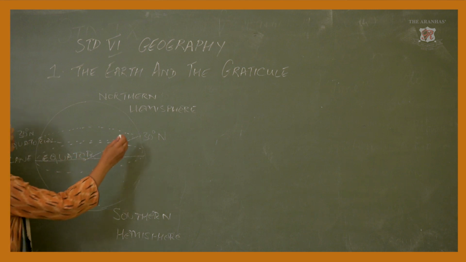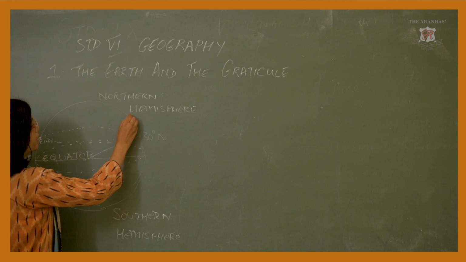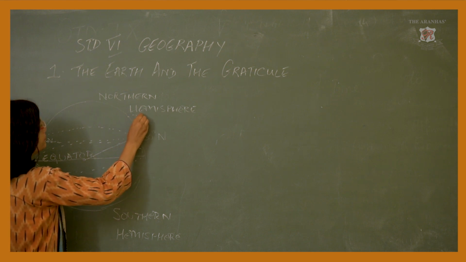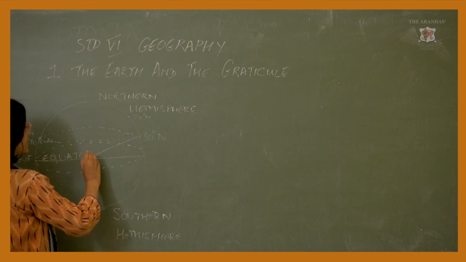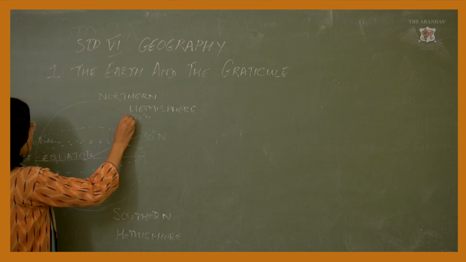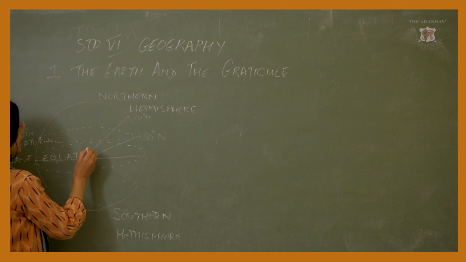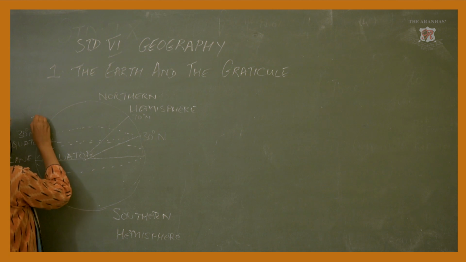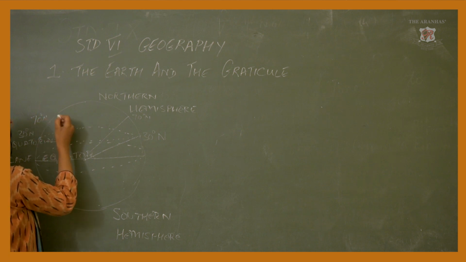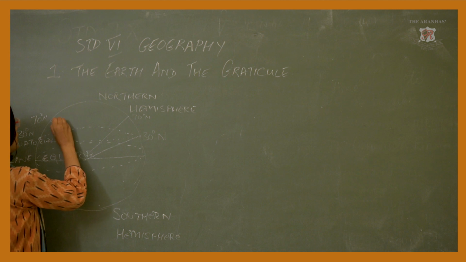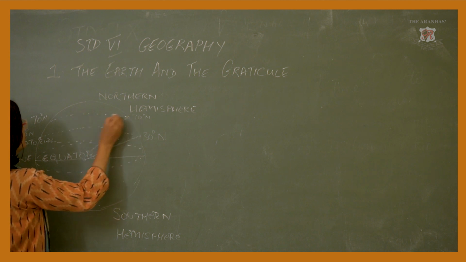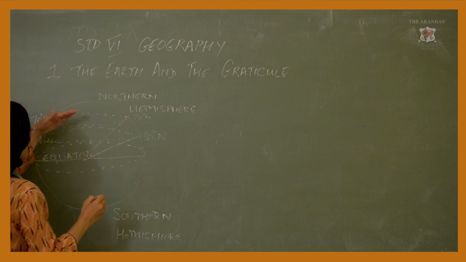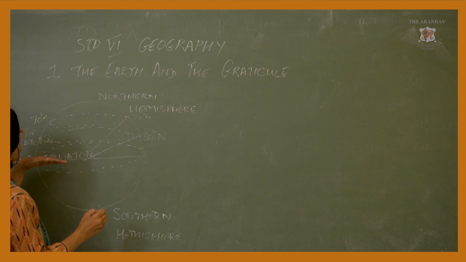Let us say we have one more point here, say 60 or 70 degrees. It will be the same, we will make one more imaginary line and one more plane. So, let us draw one more circle here. This again is parallel to the equatorial plane.